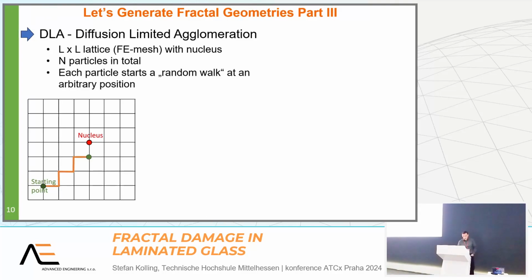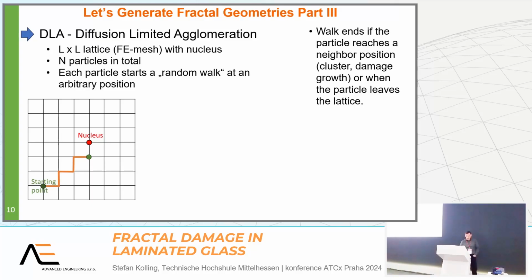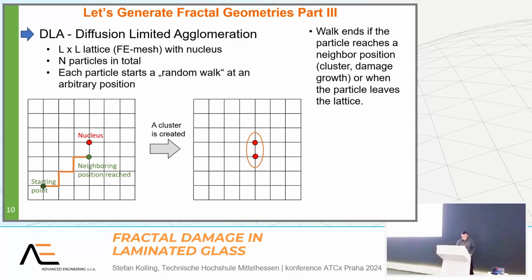However, we have a neighbor position to the nucleus, so a cluster occurs. So the neighboring position is reached, the cluster is created. And then we can start with another particle at the starting point, and so on, and so on.